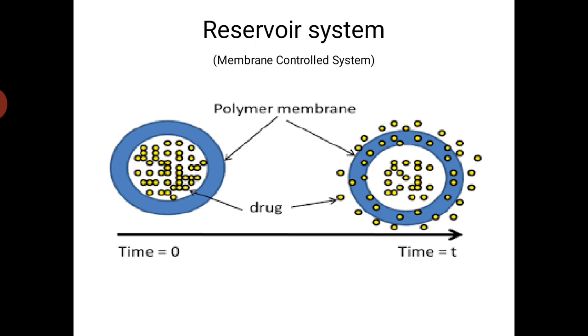So this is a figure at the initial zero time while administering. The blue color is the membrane, the white is our core, and the yellowish color is the drug molecules. At the initial zero time point, the delivery system is intact.